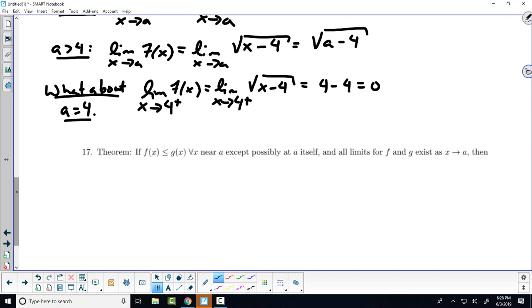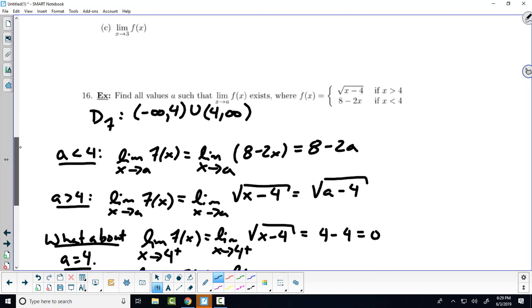If the limit's going to exist at 4, we're going to take the left-hand limit, and for the limit proper to exist, it better also be what? 0. Well, let's find out. So we look at the limit as x approaches 4 from the left of f of x. Because we're approaching from the left, we get to know which of the two pieces we want.